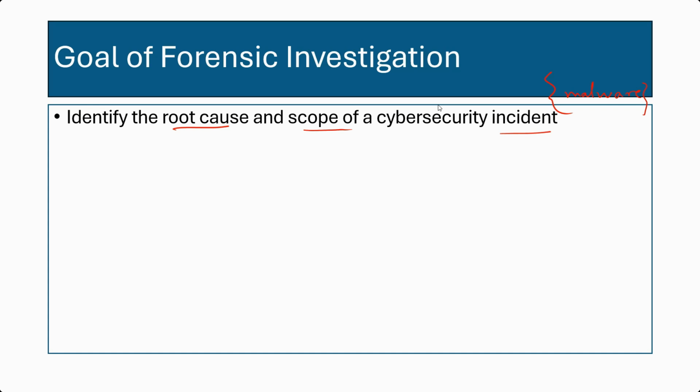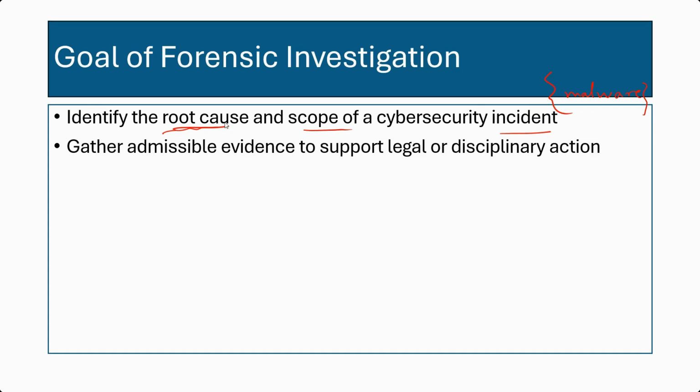Once we have that information, it gives us an idea of what the root cause of this incident was. Then the goal is to gather admissible evidence to support any legal or other actions that you have to take in the future. So that's also very, very important.